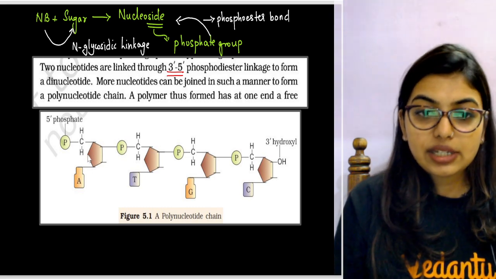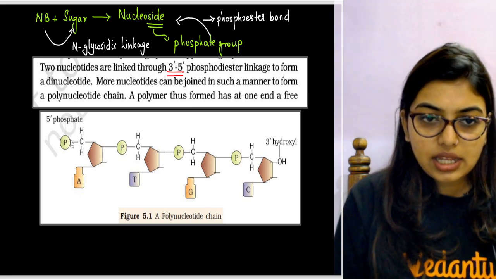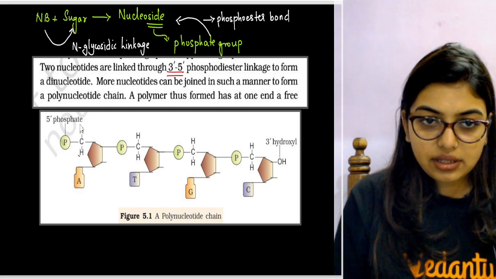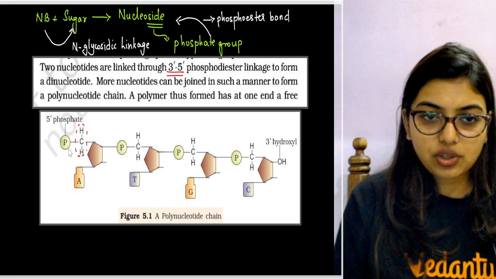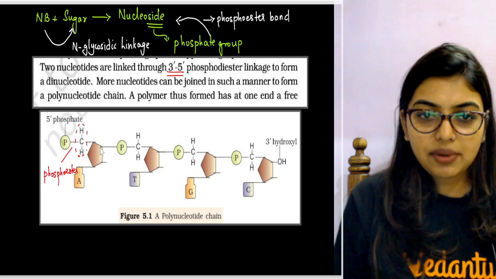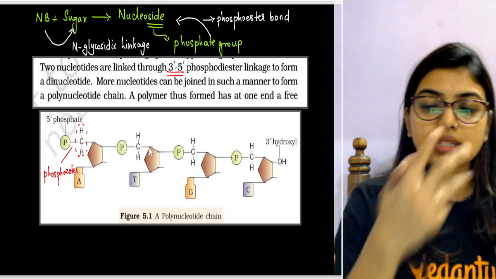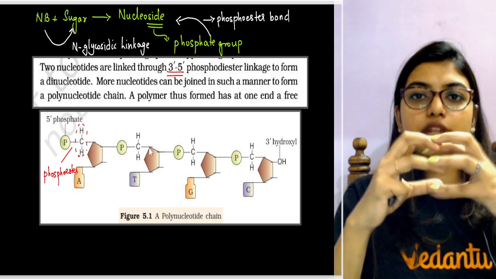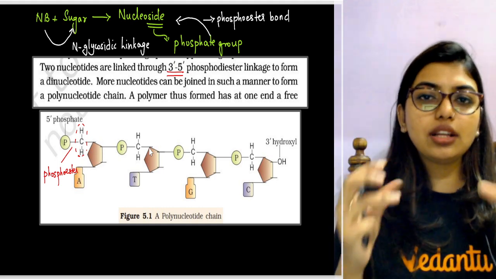When this carbon binds with this phosphate, it forms a phosphoester linkage. Yes or no? But when this and this are binding, it is a phosphodiester linkage, that means two nucleotides binding together.